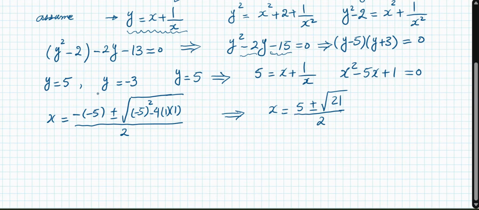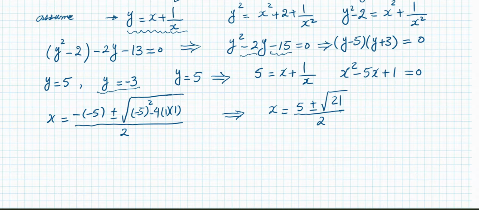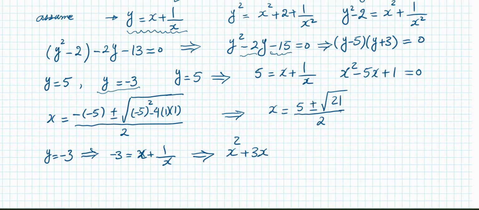Another time we take y equal to minus 3, and from here we find that minus 3 is equal to x plus 1 over x, multiplying and simplifying by x, we get x squared plus 3x plus 1 equal to 0.